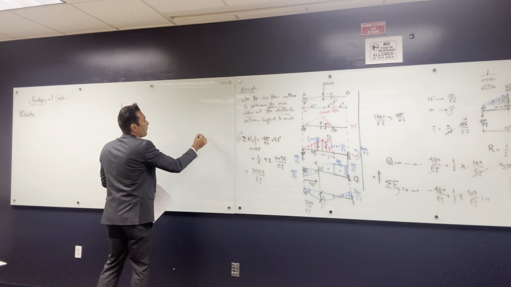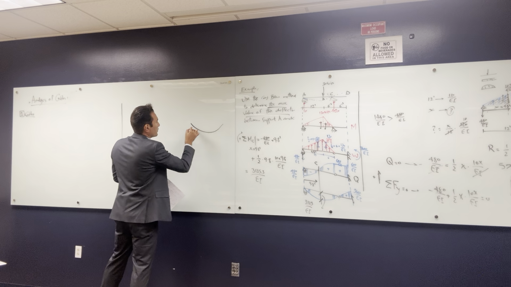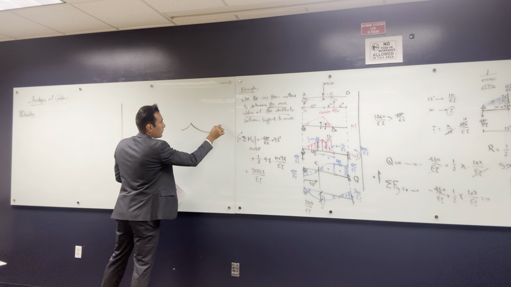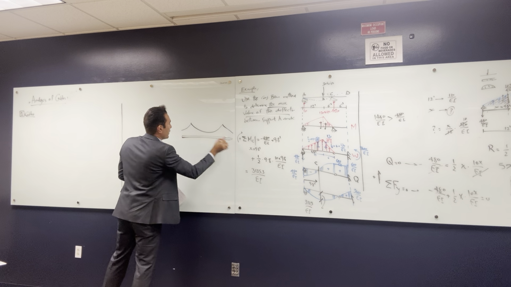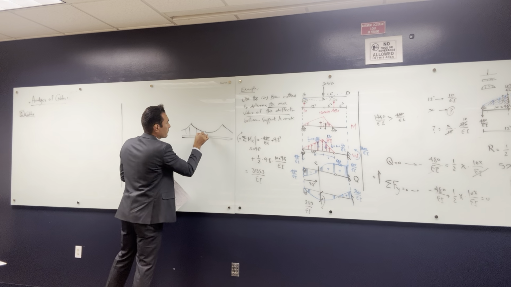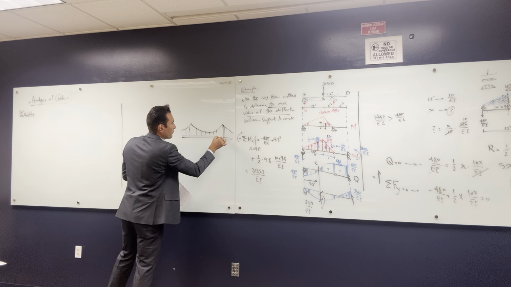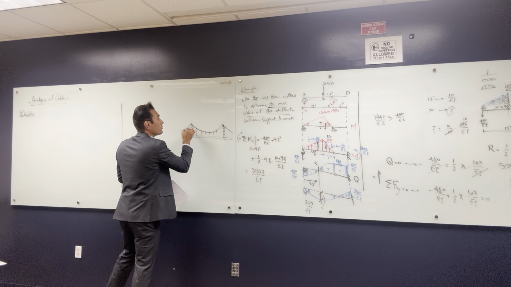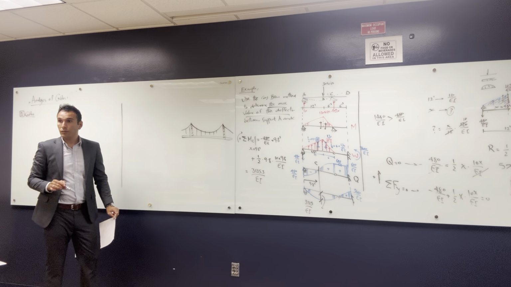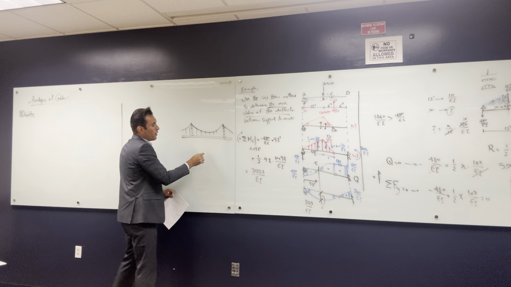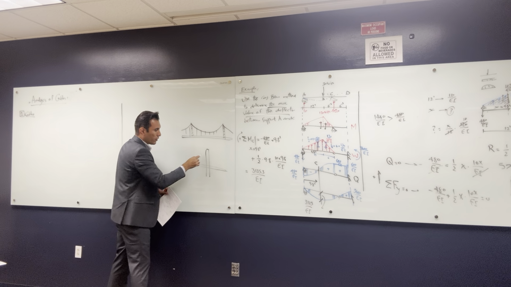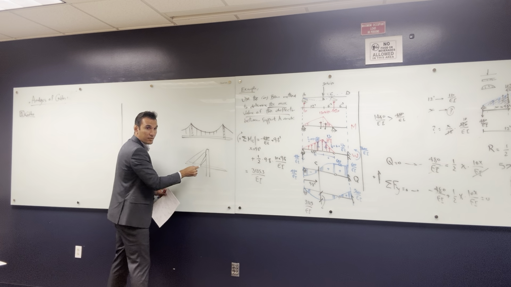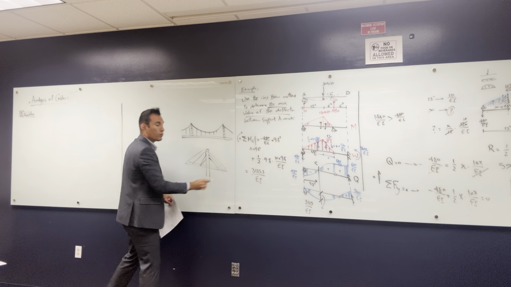So if you have something like this, and this is, for example, my bridge, and there are cables coming from here, that is called a suspended bridge, because it's suspended on this cable. If you have a column like this, and your bridge like this, and the cables coming like this, that is called a stay cabled bridge, okay?